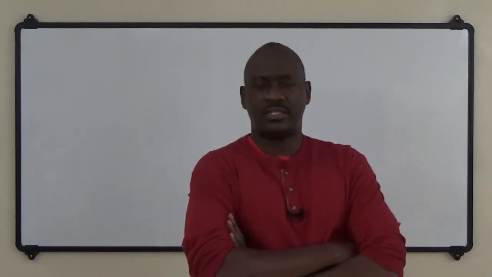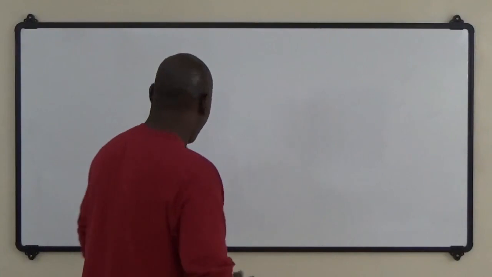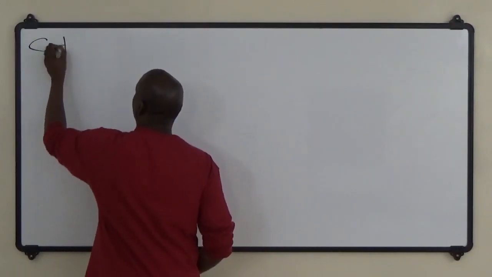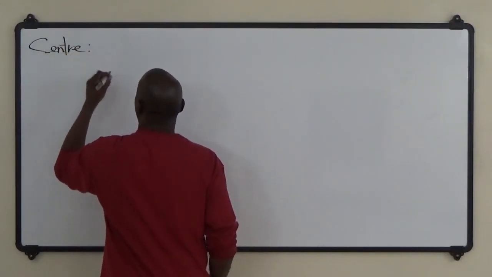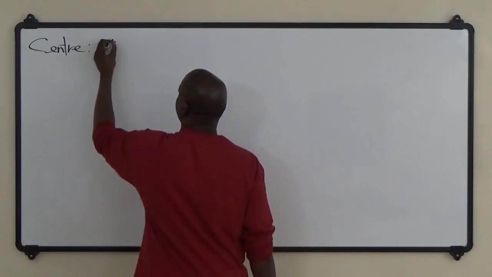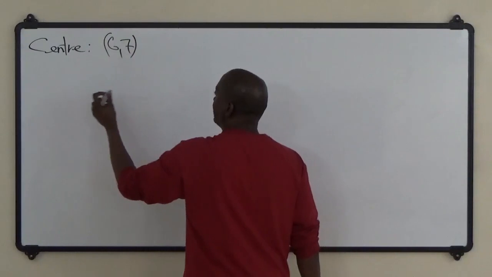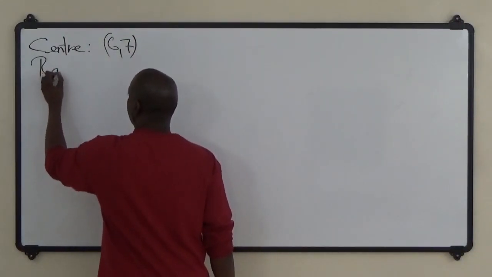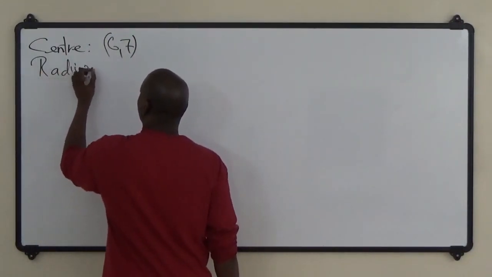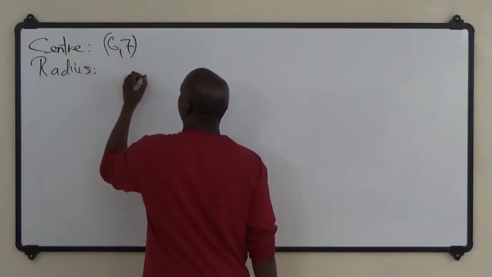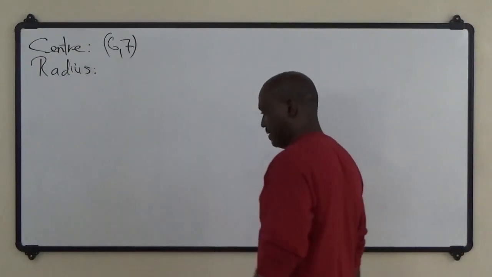So let us choose a random circle. Let us say, for the sake of argument, that the center of our circle would be the point 6, 7, and the radius of our circle is 8.